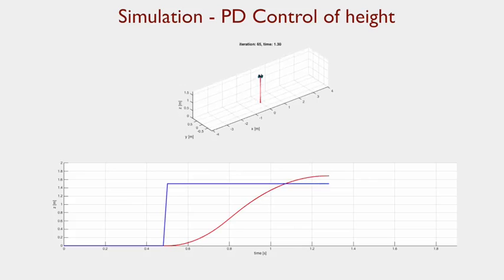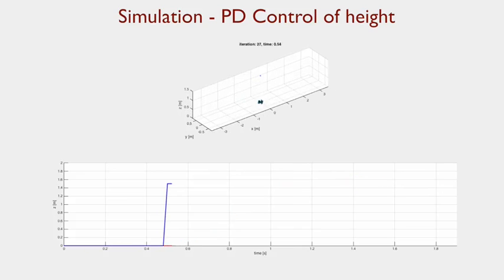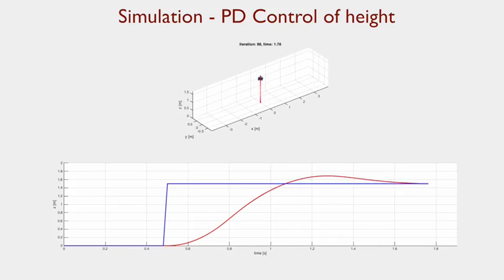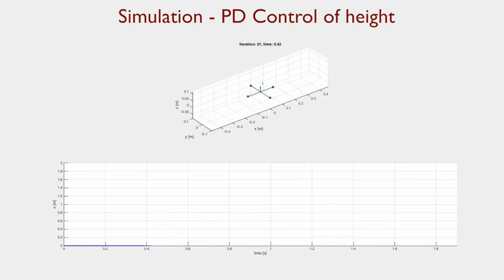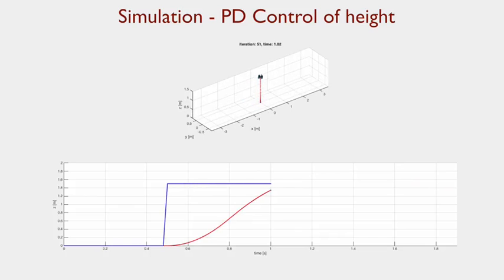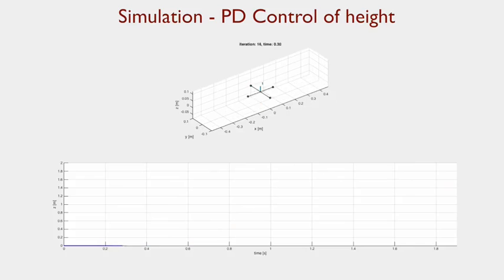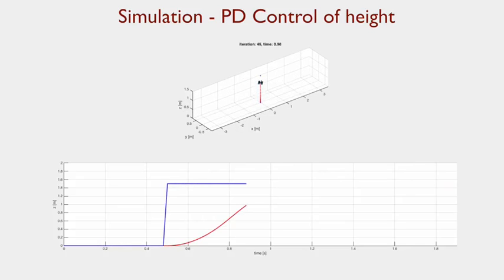For the moment, we're ignoring the other variables. We're adding terms to make sure that the lateral displacement is 0, the roll and pitch stays 0, and the yaw stays 0. But we don't have to worry about that for the present moment. We're only considering the proportional plus derivative control of height.